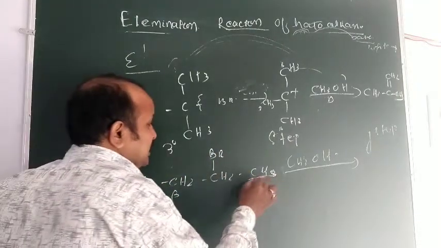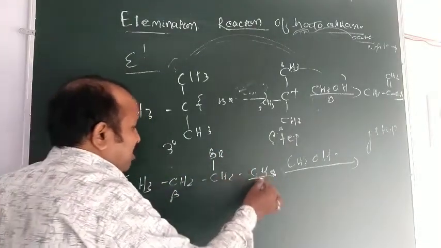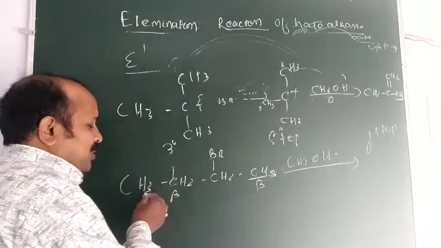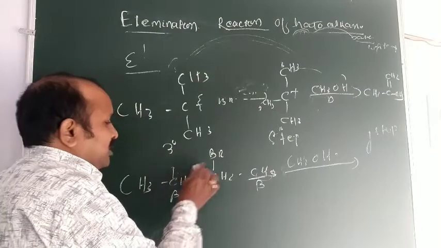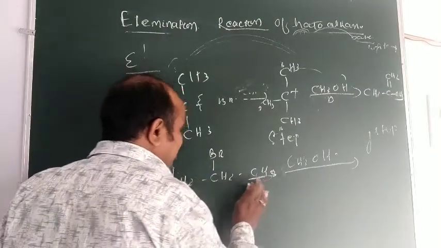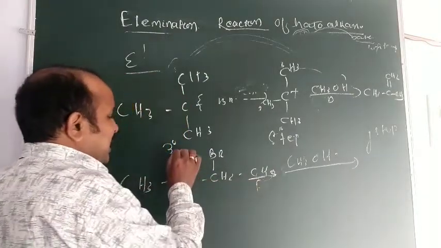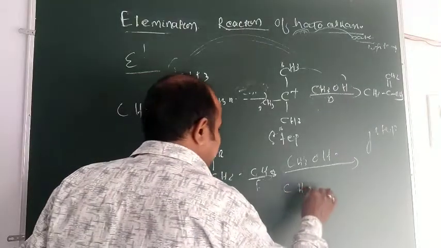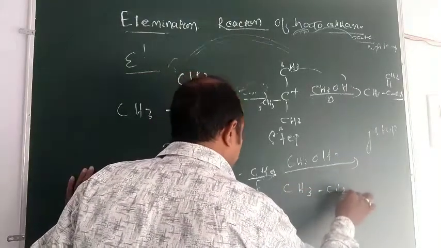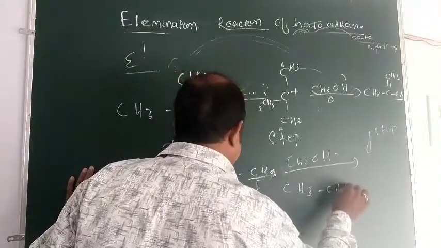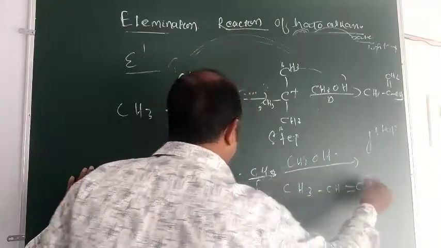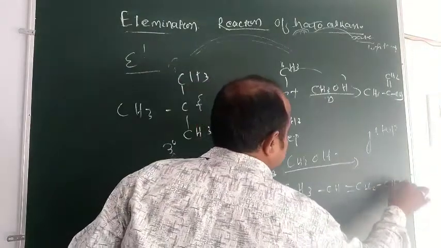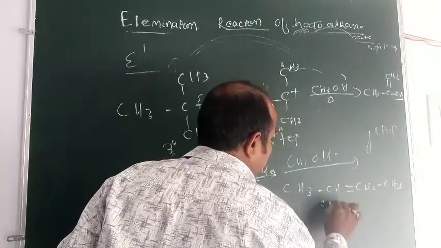Here CH3 has 3 hydrogens, here there are 2. So there are more alkyl groups on this side, so this hydrogen will be removed, and this makes the double bond, giving CH3CH2CH=CH2CH3. That is the Saytzeff product.